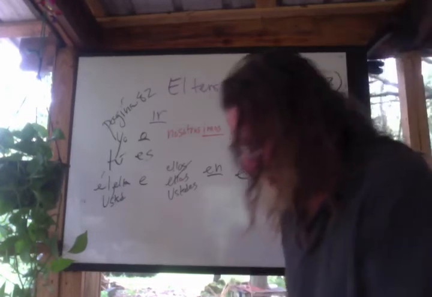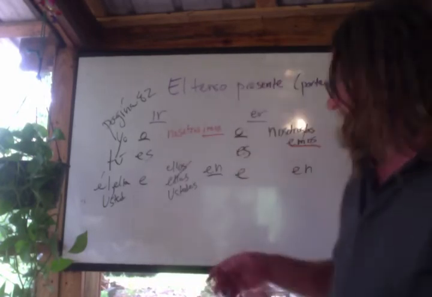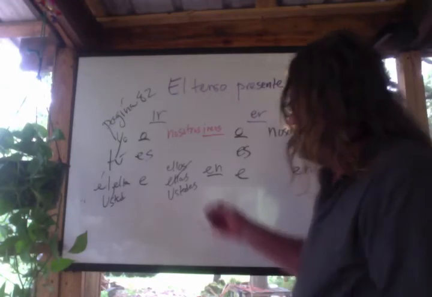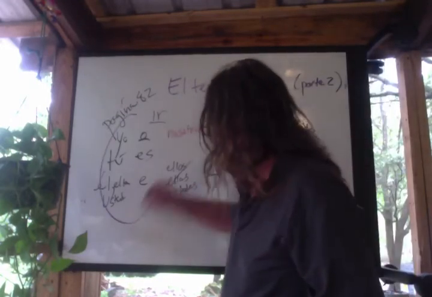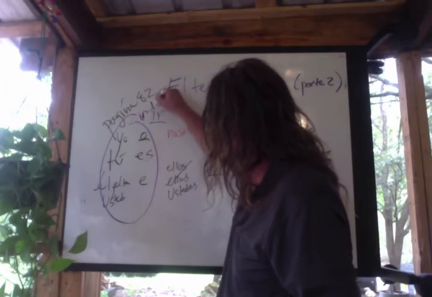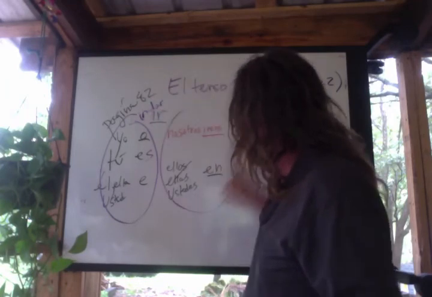Now you should practice the verbs just in that order, because once again, as I told you before, this is a linguistic thing, but this is all singular, and this is all plural.